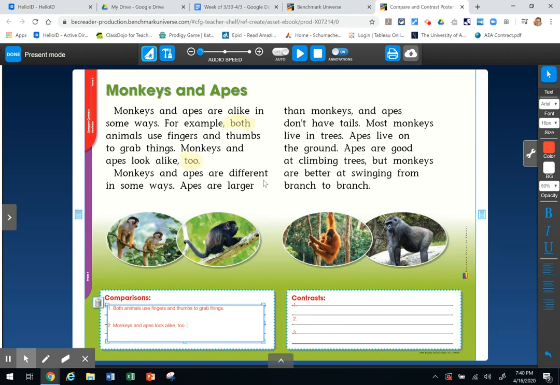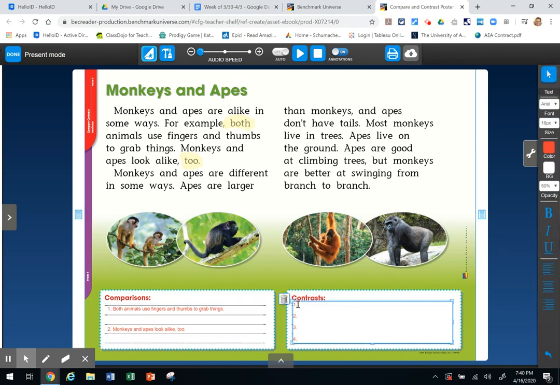Now, the author does a lot more contrast of monkeys and apes. He talks a lot about how they are different. Okay, so it says monkeys and apes are different in some ways. Apes are larger than monkeys, and apes don't have tails. So I'm going to start right there. That's a way that they are different.